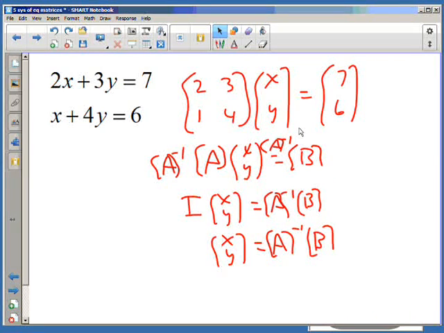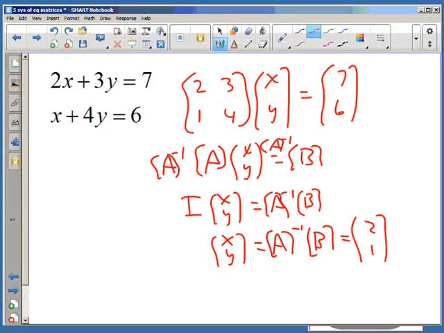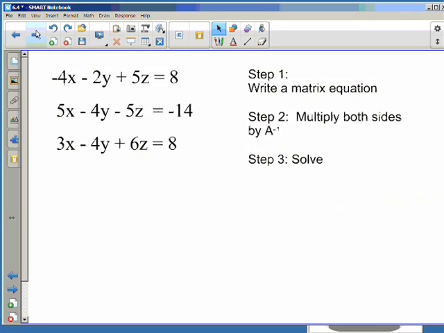If you think about that from the previous problem, what we're saying is x equals 2, y equals 1. So this matrix method is pretty useful, and we'll use it for the 3 by 3 matrix. So step 1 is to write a matrix equation. Step 2 is to multiply both sides by A inverse, which is to get the x, y, and z by themselves, and that's essentially how we solve it with a calculator.